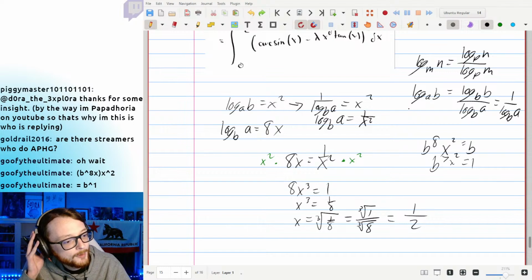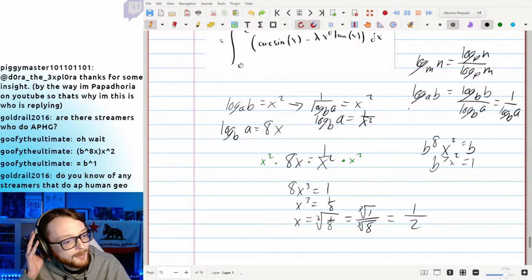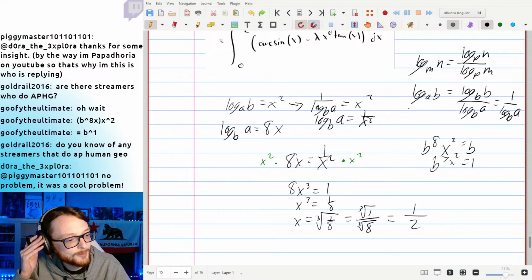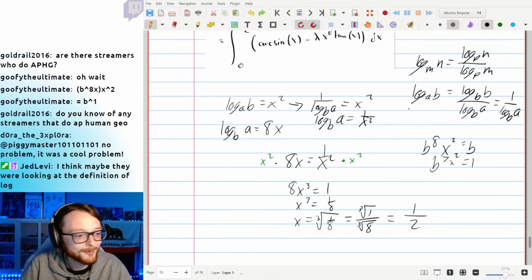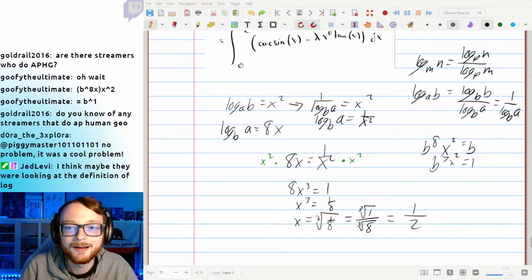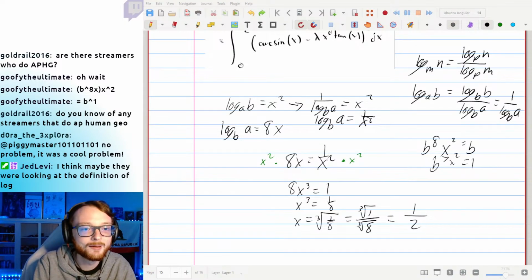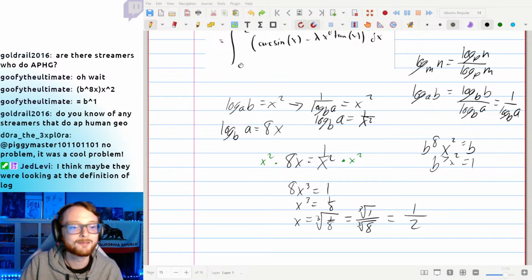Oh, thank you for spelling out the acronym for me, Gold Rail. AP Human Geometry, or Geometry, probably Geography? I never heard of that class. What is it about?